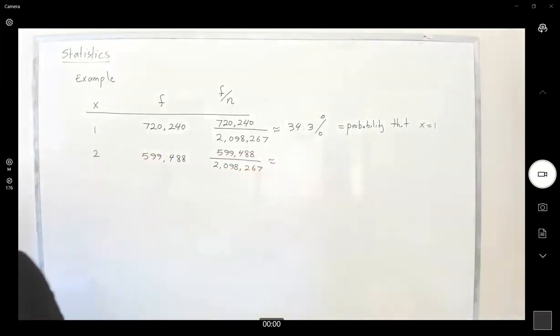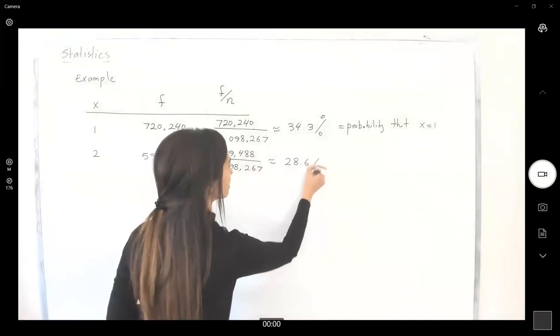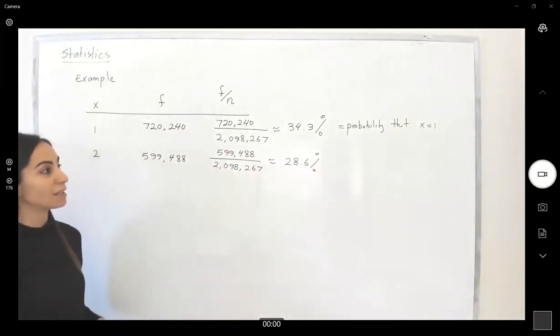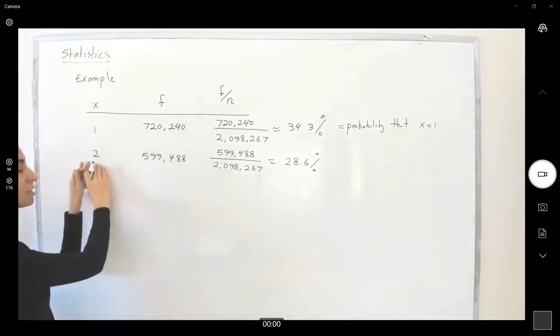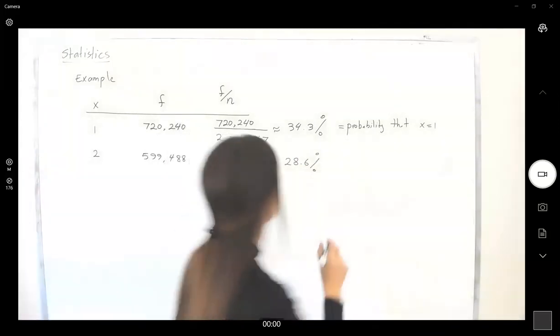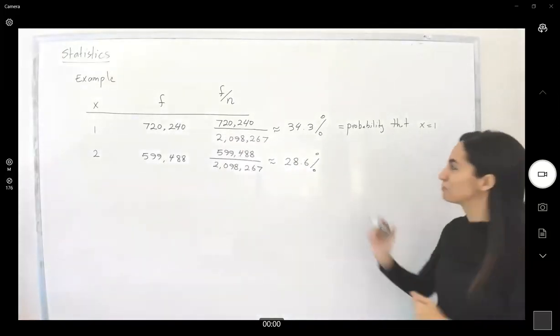If we do the division, it's equal to 28.6%. So what's the meaning of that? It means that the probability that X is equal to 2 persons in a rental property is 28.6%.